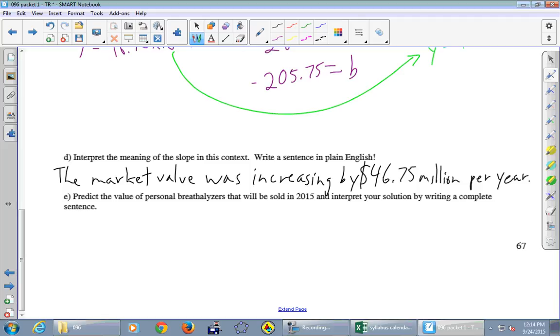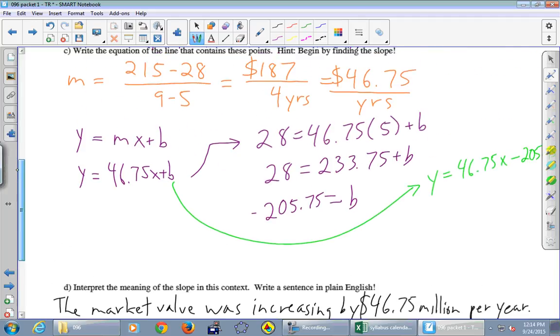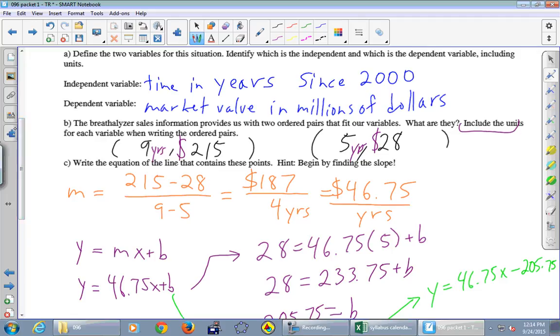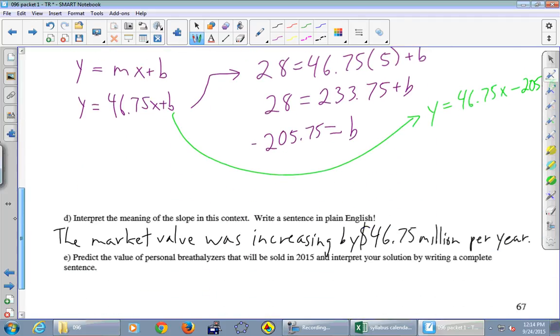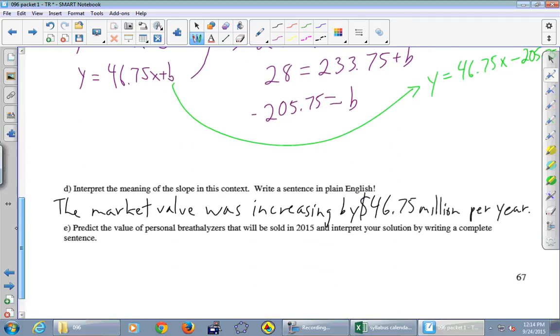Okay, and then finally part E, predict the value of personal breathalyzers that will be sold this year, 2015, and interpret your solution by writing a complete sentence. Is this 2015 one of the input variables, the independent ones, or the dependent output? It's an independent, right? This is a time. Are we going to literally plug 2015 in?